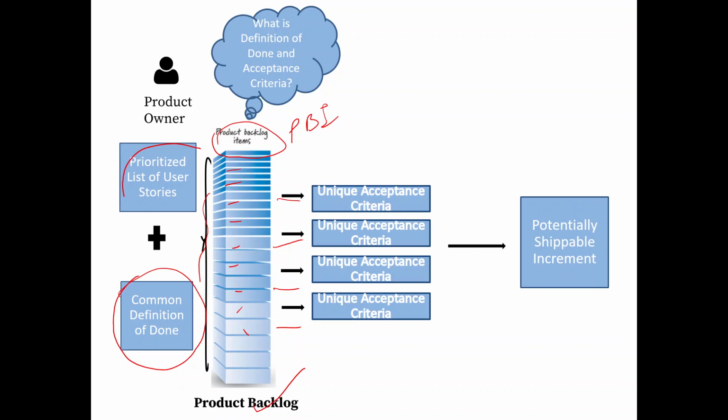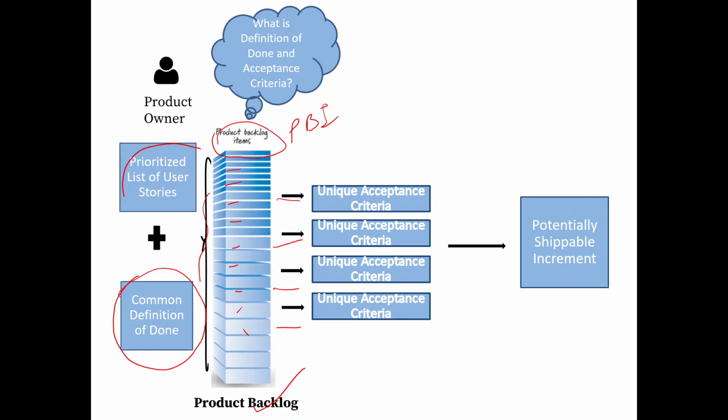Each story talks about a functionality that the team is supposed to deliver. So the acceptance criteria is unique to each and every user story. But the DoD, definition of done, is common across the user stories that are part of the PBI.